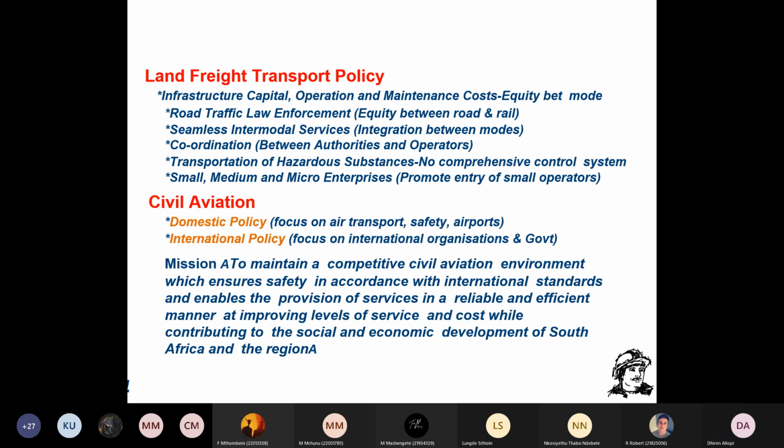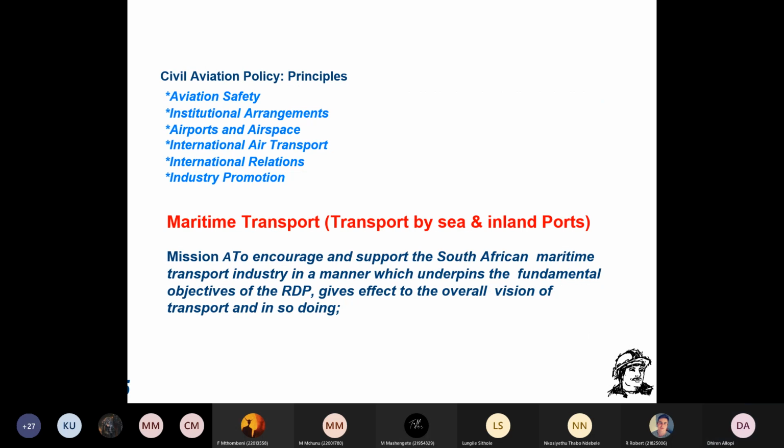So all the keywords are in this. And again, here you can refer to your note on the safety aspect, the airports, international relationships, and so forth. So I've just highlighted the keywords; you do your notes on a few points on each one of those.